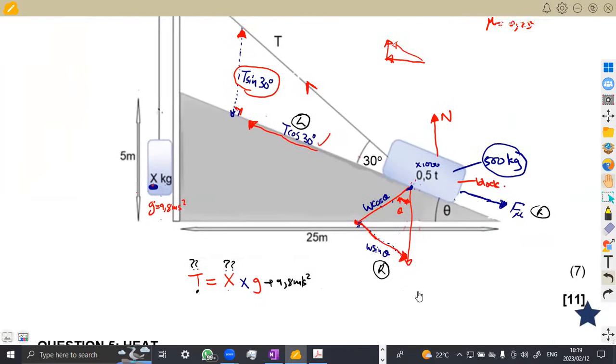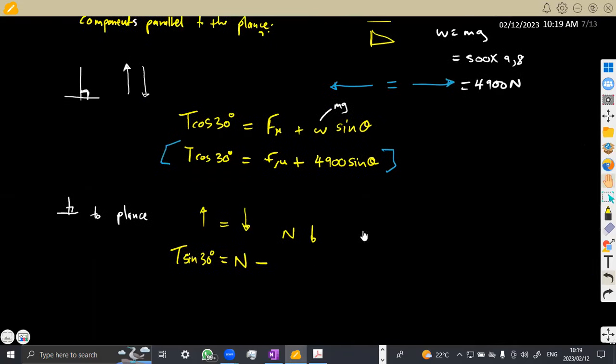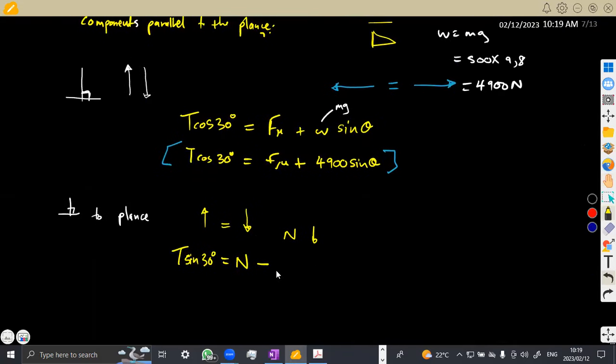Here we've got W cos of theta going down. So you're going to subtract W cos of theta. So if we subtract W cos theta, that means we have got an equation that we have formulated. Yes, we have got an equation that we can use to simplify or to find the value of T if possible.